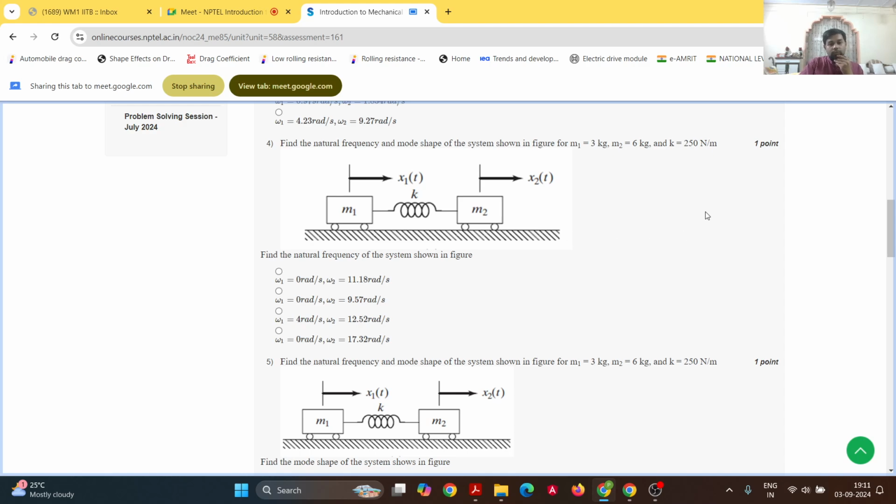What we have done in the video lecture has at least two springs. But in this question there are two masses, both connected by a single spring only, and neither body is fixed to a vertical wall, sir.